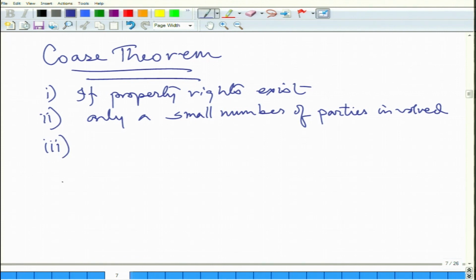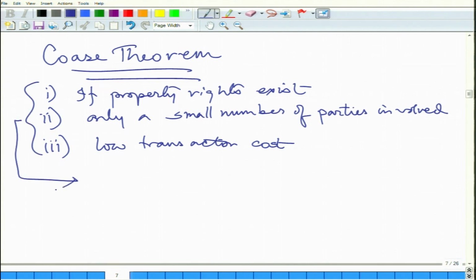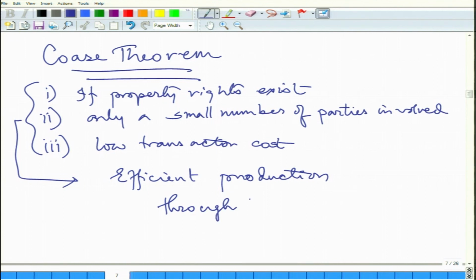Number three, low transaction cost. Then all these can lead to an efficient production through bargaining.